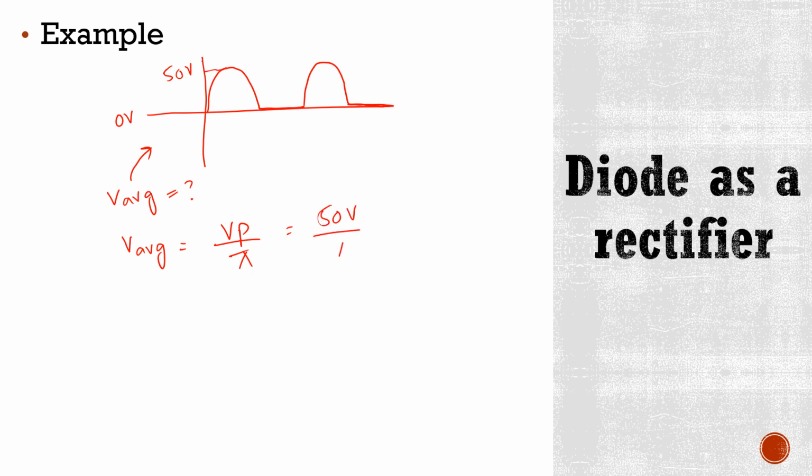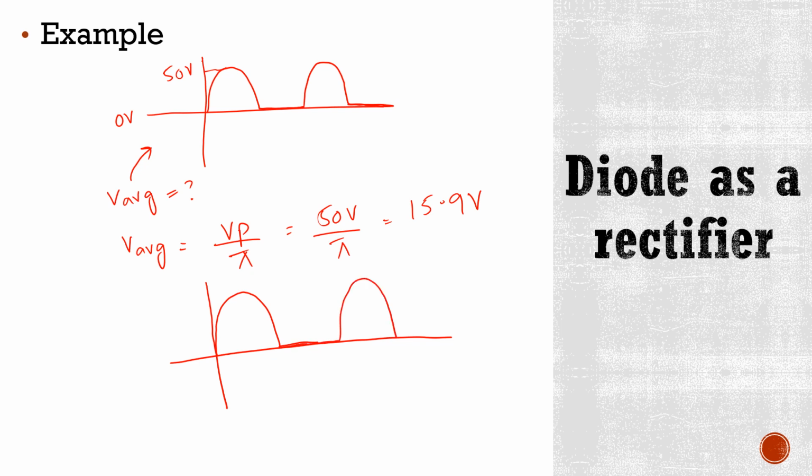When it is divided by pi, we get 15.9 volts. So how are we going to draw this average value on this output waveform? Since this value is constant and it is a DC value, it is drawn like this. It means it is a straight line.